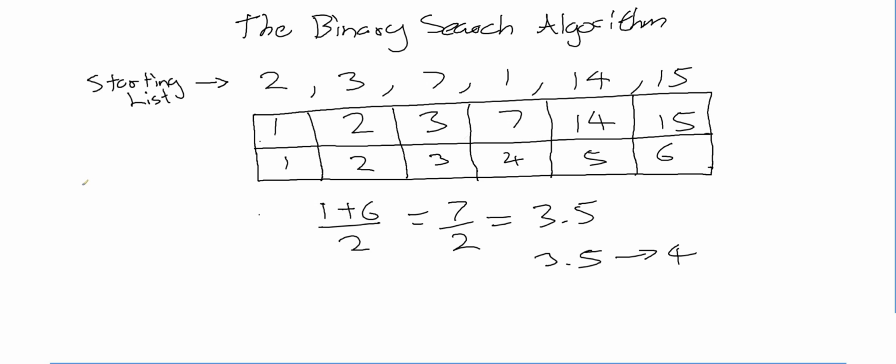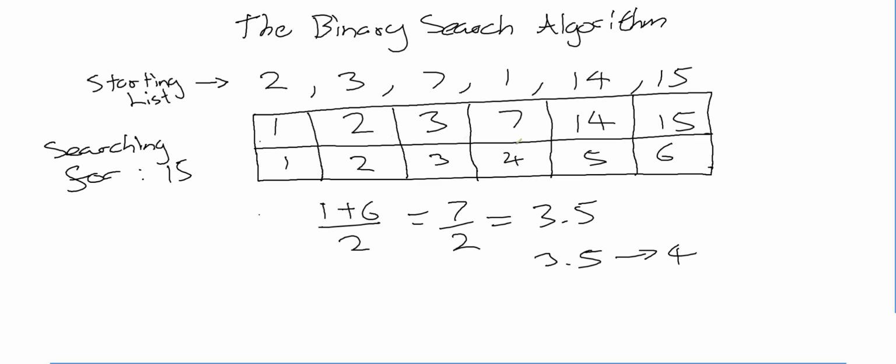I'm going to say that in this binary search I'm searching for the number 15. So we have to inspect the data at list index 4 first of all. At list index 4 we've got 7, and 7 is not 15.